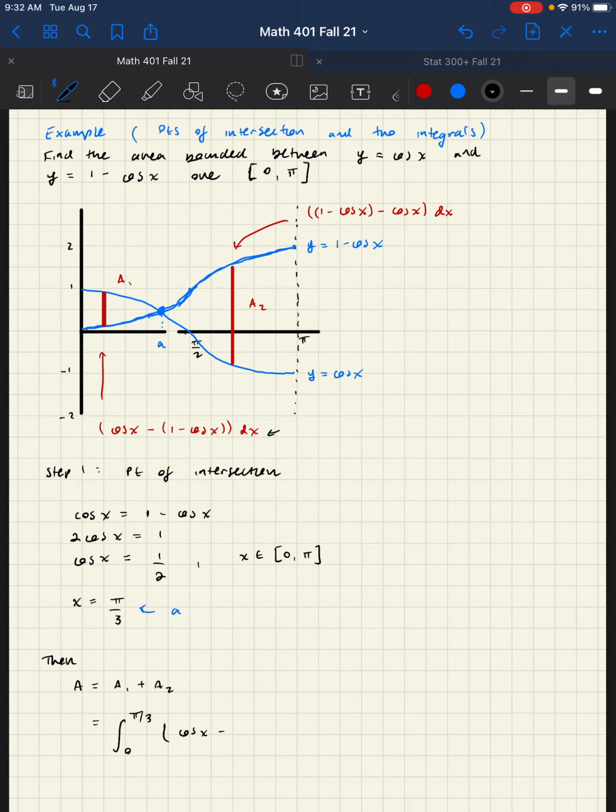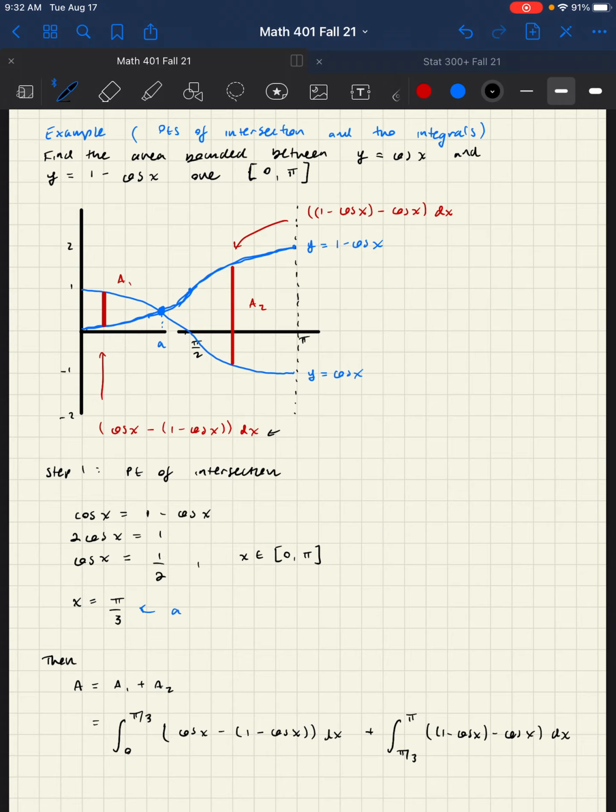So cosine of x minus (1 minus cosine of x) dx plus the integral from pi over 3 to pi. So remember, those are the bounds for the second integral because I'm starting from a and ending at pi. And that's going to be (1 minus cosine of x) minus cosine of x dx. Okay, that is our integral.